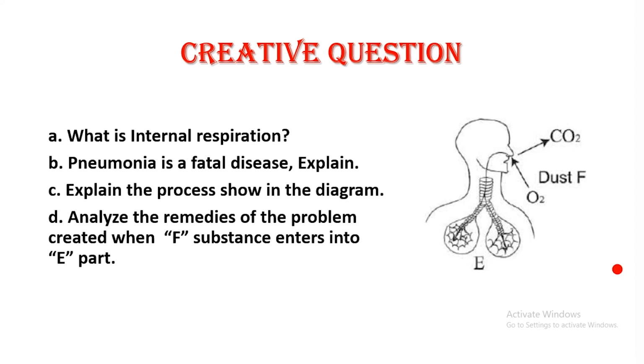Number B is a comprehension based question. For that, no need to write extra words, just a clear cut answer for your exam. Explain the process shown in the diagram. It is application based. That's why the question is asking for explanation.